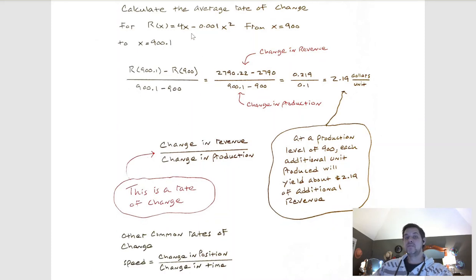Okay, doing my calculations, I get the revenue at 900.1 is, say in dollars, $2,790.22. And the revenue at a level of production of 900 is 2,790. Now think about it.